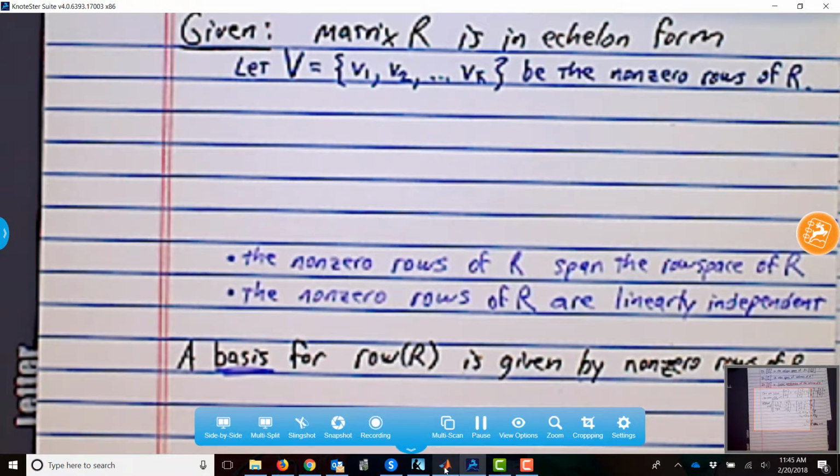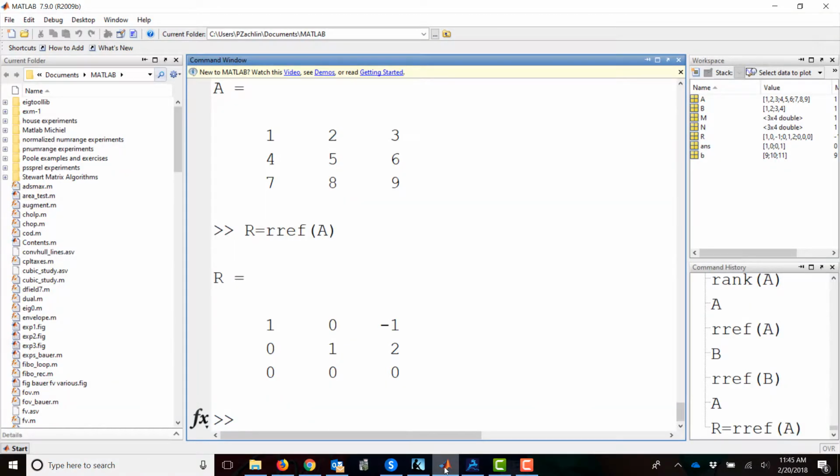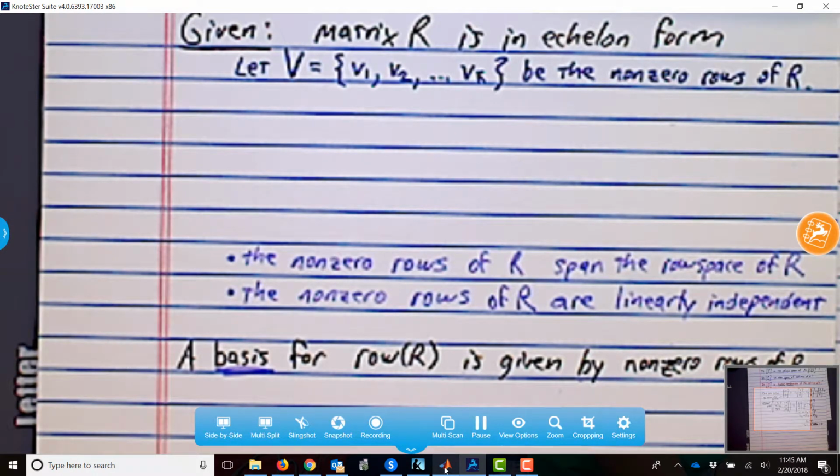All right. So do you guys understand what I mean by V for our example? How many vectors are in V for my example? Just 2, right? The question is, do those vectors form a basis for the row space of A? Now the row space, of course, is the set of all linear combinations, right? So, do they span the row space of R?